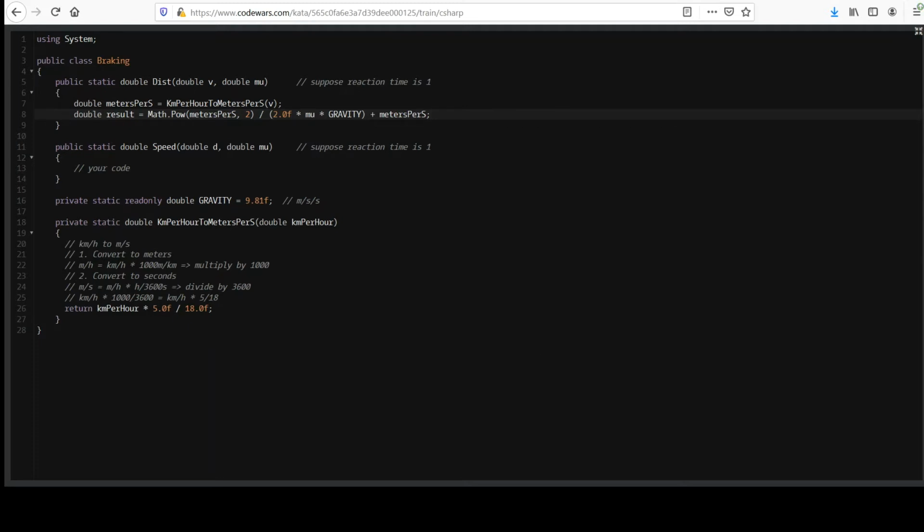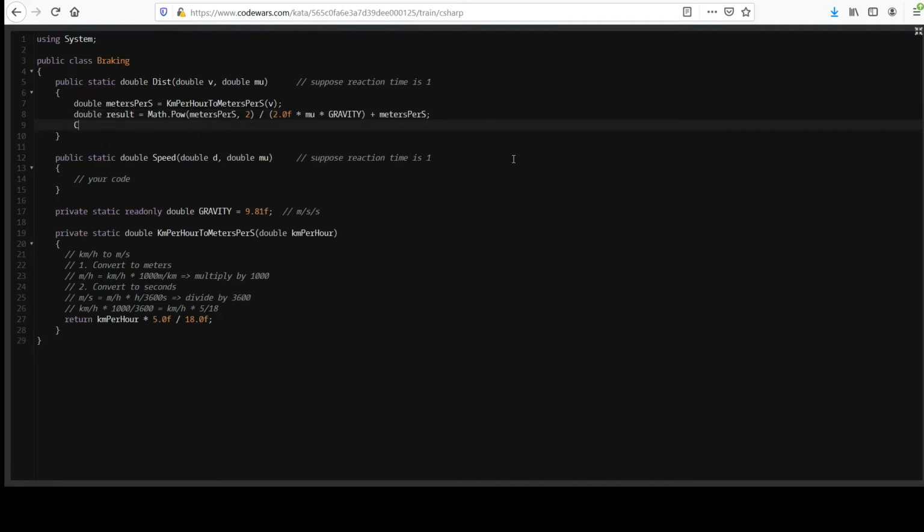Maybe I'll do a log so we can see how this is looking. Console.WriteLine, and we'll give it, let's take our input, v equals v, mu equals mu, and result equals result.